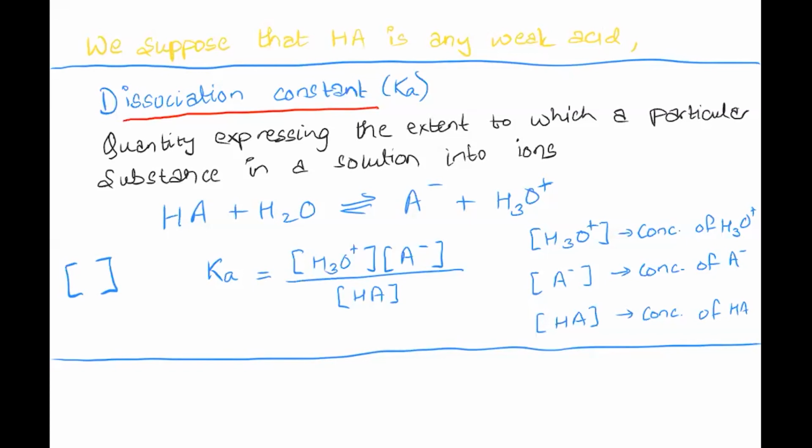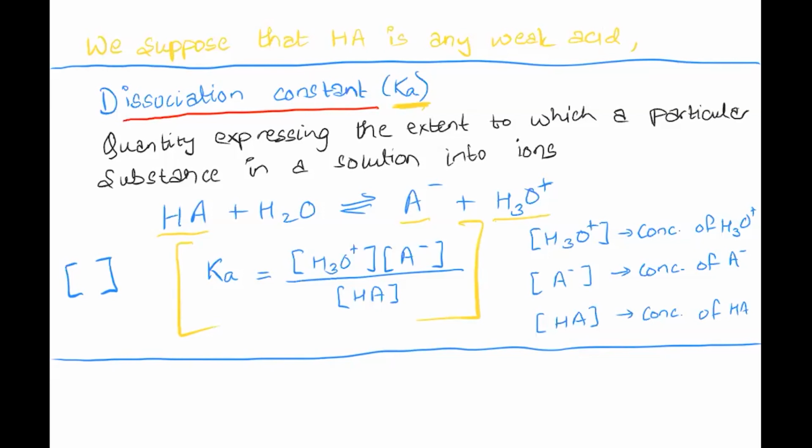Now we have our acid which is denoted by HA, which we are adding to water, which gives us A minus ions and H3O plus ions. Now the dissociation constant, which I explained just now, the formula is somewhat like this, where A minus can be anything.